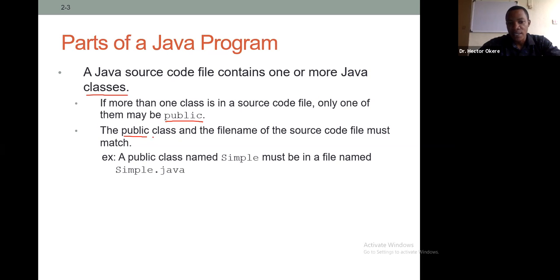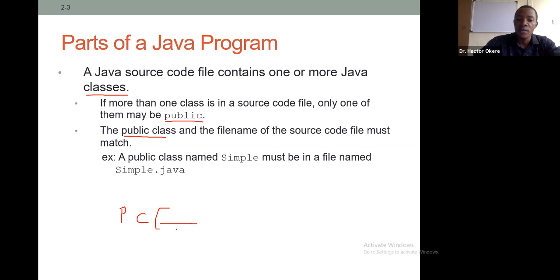Now, the public class, usually when you write a Java code, you have public class something, programmer defined name, whatever name you choose to name your class. So remember, we talked about it in the last class, right?